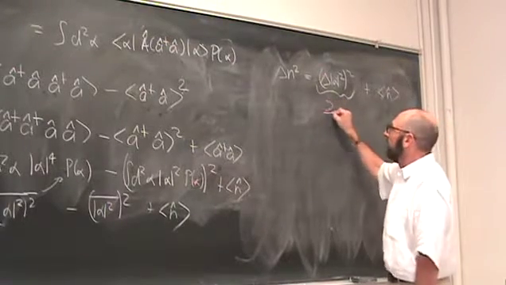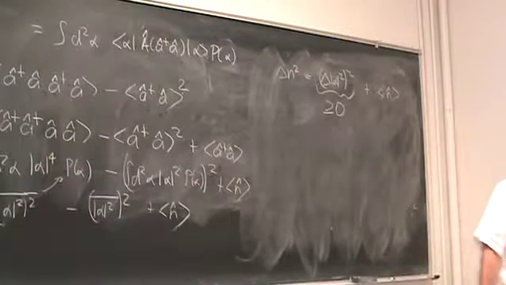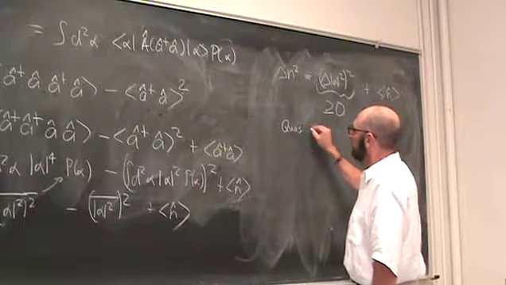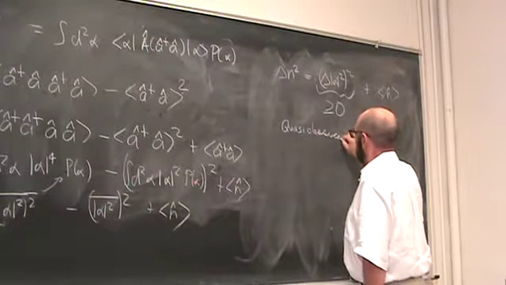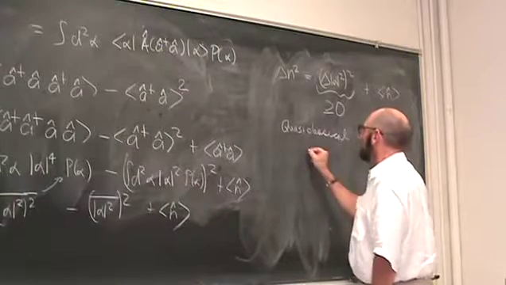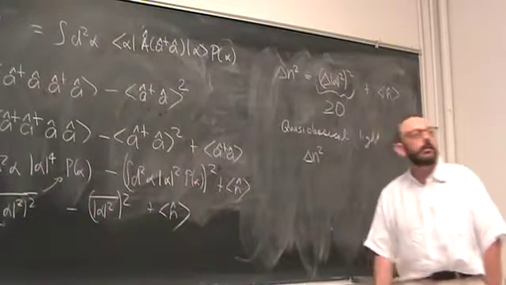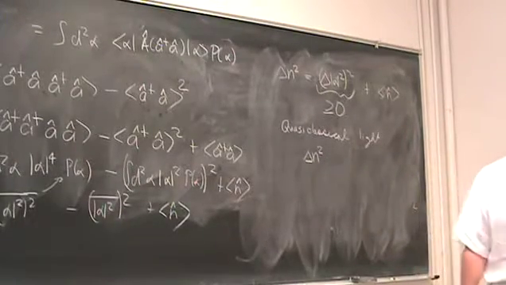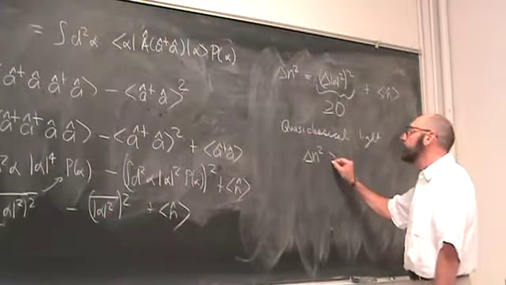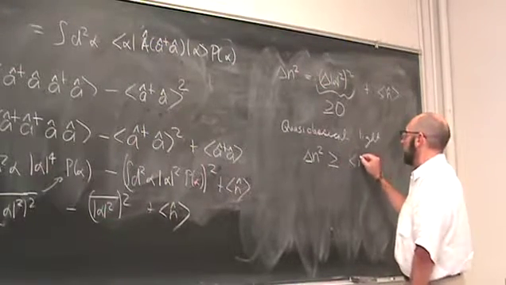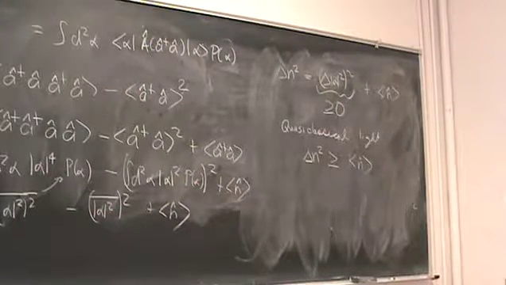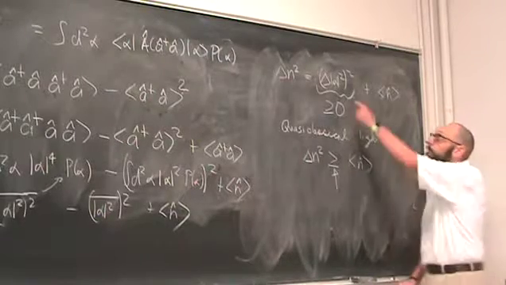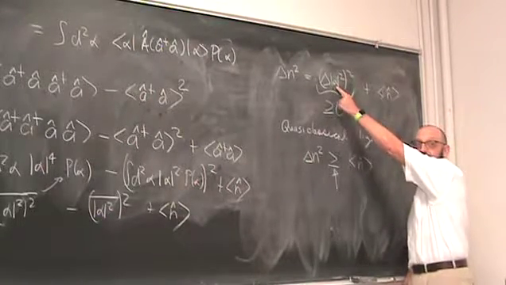So this has to be greater than or equal to 0, which means that for quasi-classical light, the fluctuation in the number of photon counts in a given time interval, time mode, must always be greater than or equal to the average n. Okay? And the equal is in what case? For a coherent state.